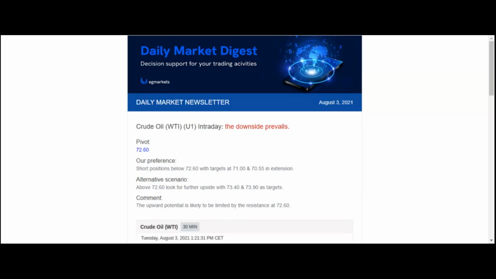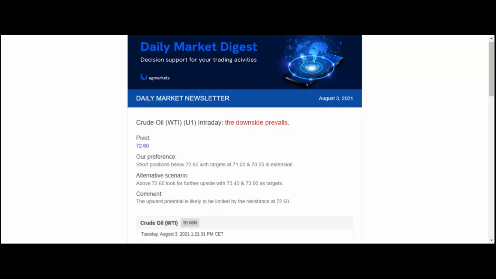Now, the comment: the upward potential is likely to be limited by the resistance at 72.60. What this is telling us is that the tendency for it to go up is very, very small, because that 72.60 area in price is acting as a very, very strong resistance.